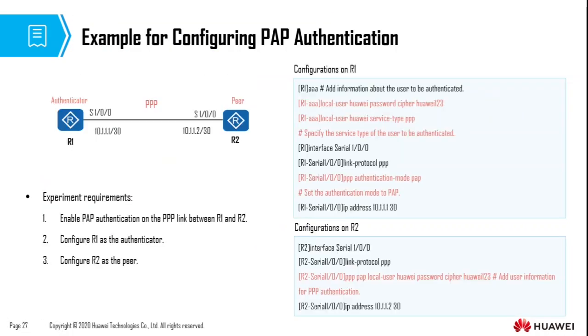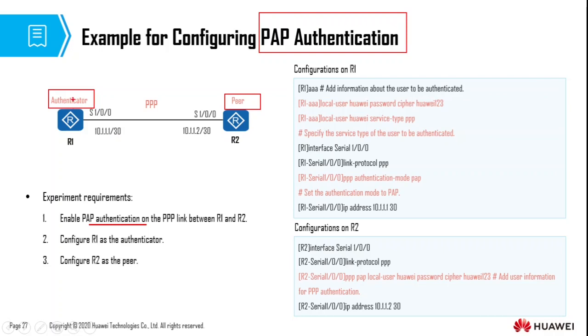Okay, so let's look at a configuration example. Here we want to enable PPP authentication on the PPP link between R1 and R2. We configure R1 as the authenticator and this one as the peer. Remember, we are configuring PAP.